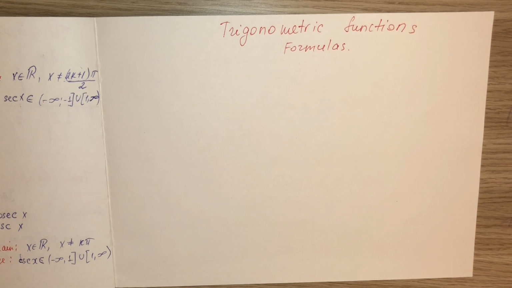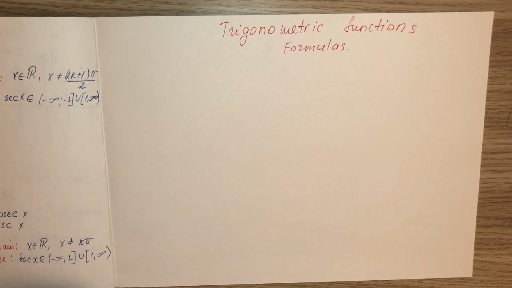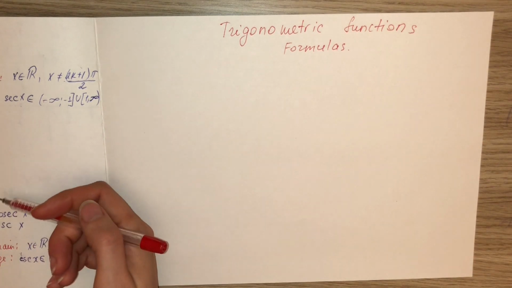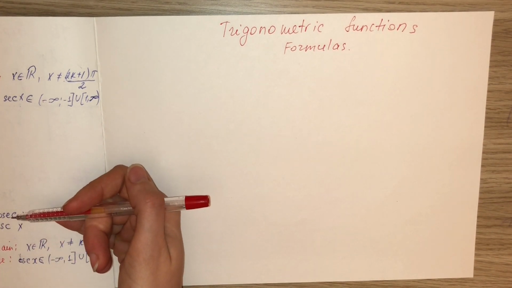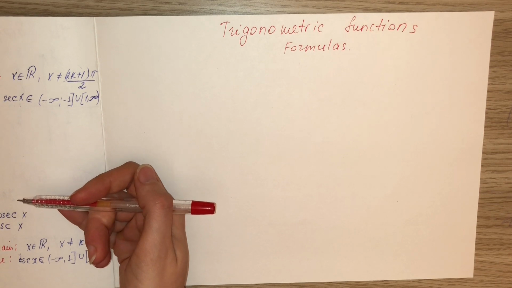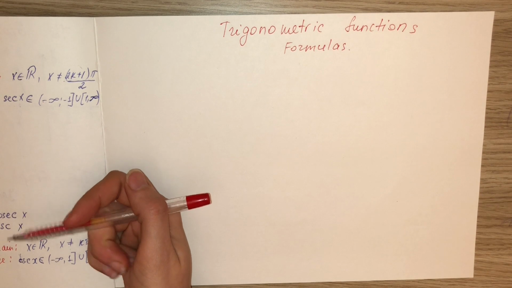So there are basically six ratios used for finding the elements in trigonometry. They are called trigonometric functions, which we learned on our previous page: sine, cosine, tangent, cotangent, secant and cosecant functions.